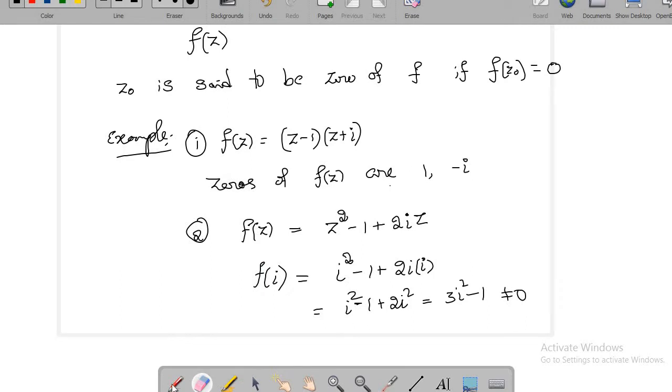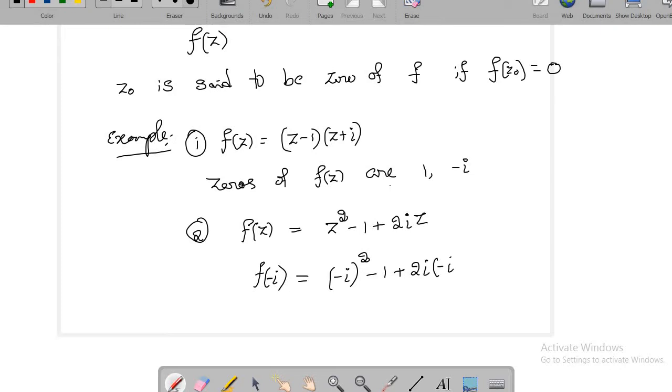So z equal to i is not a zero of this function. Next, let me see whether z equal to negative i is a zero. If I substitute negative i, this is negative i square minus 1 plus 2i times negative i, which gives i square minus 1 minus 2i square, so negative 1 minus i square.